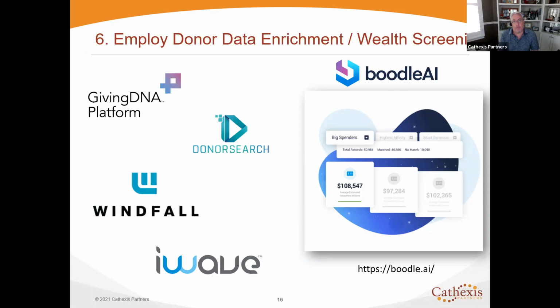But I break data enrichment or propensity to give type tools into two pieces. There's the science, and then there's the art, right? The science is they all pretty much get data from a lot of the same 8 or 9 sources. It all depends, again, on which ones they're using, but for the most part, they're pulling from a variety of different available databases to gather information about homes owned.